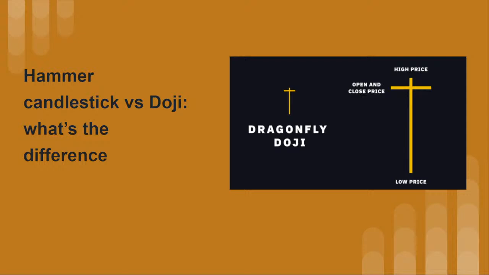You need to be aware of that first, because many people don't know what is exactly happening. It represents the dragonfly doji, where the opening and closing happen in the same area. That is the indication with this.